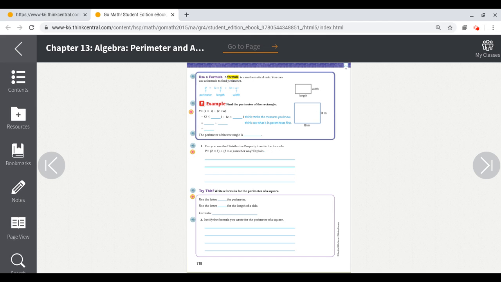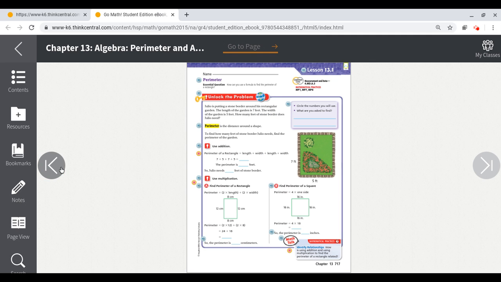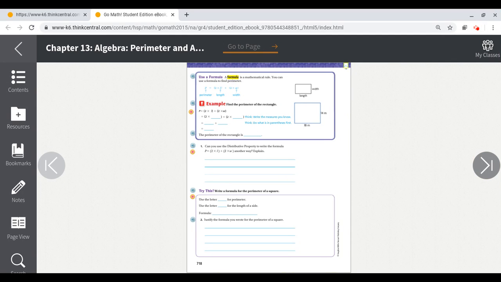Try this. At the bottom, write a formula for the perimeter of a square. So if you go back to page 718, you can look right here, okay, and that might help you out, but I'll help you right now too. It says use the letter blank for perimeter. Use the letter blank for the length of a side. So I usually use P to represent perimeter, and then usually use L for the length.